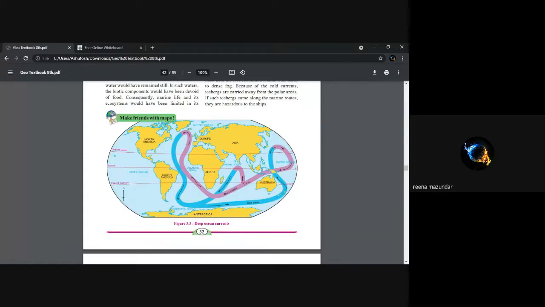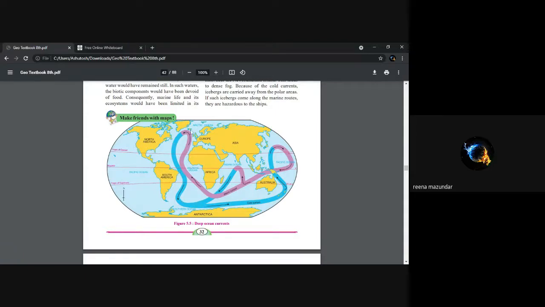I think I am quite clear with the concept of how it happens, because I am unable to see you, so physically we are not there, but still I think I'm very clear with the concept. The example which I told you, the same thing happens when the warm currents come down and the cold currents come up.